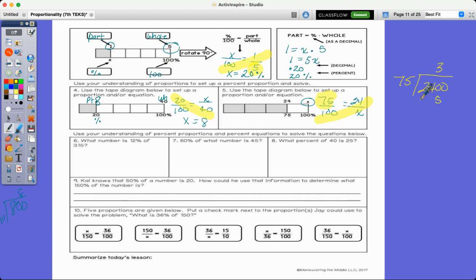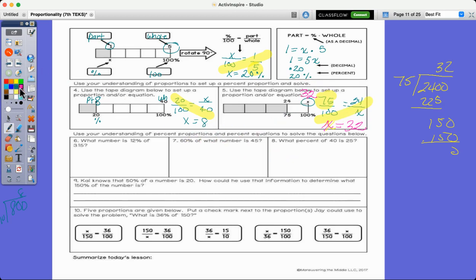That's 225. Subtract and bring down, and we get a 2 there. That's 150. That gives us 0. So we get X. Oops. Give me a color you can see. X is 32. So our whole in this case is 32.